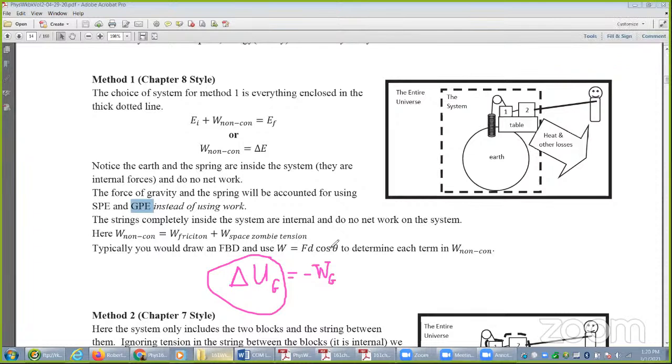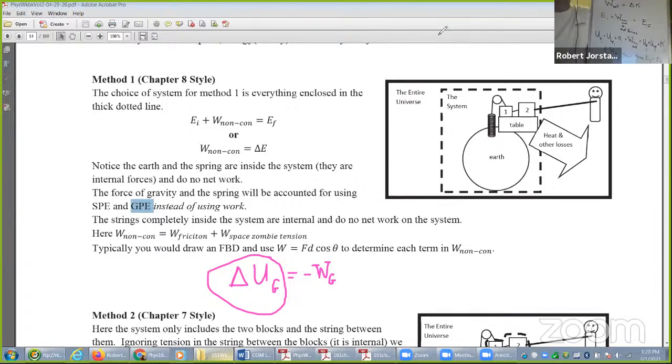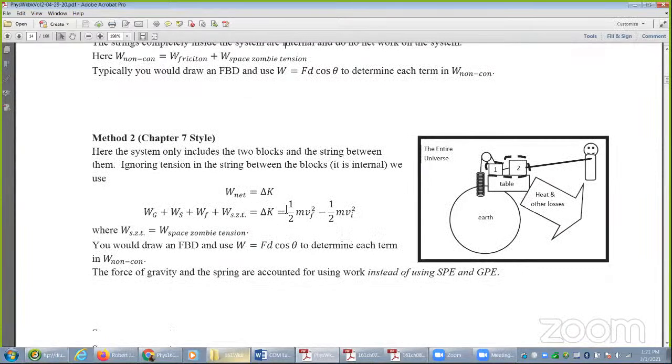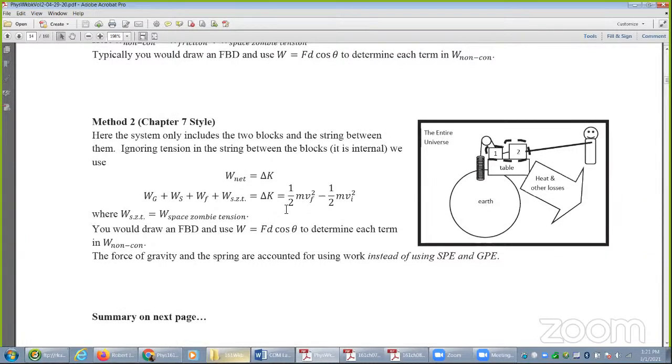No, so in the second style where we did it using chapter 7, what I'm trying to understand is, the work done by gravity and the work done by spring, don't those end up being zero because, like you said, they're conservative?